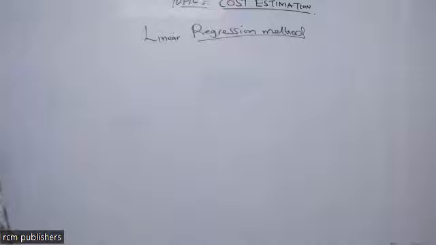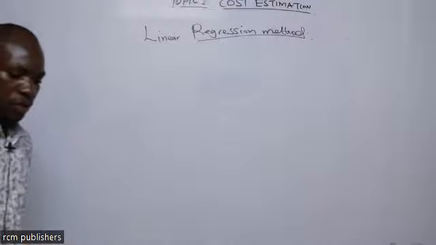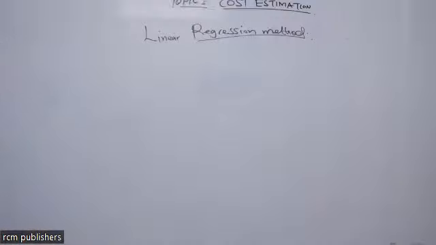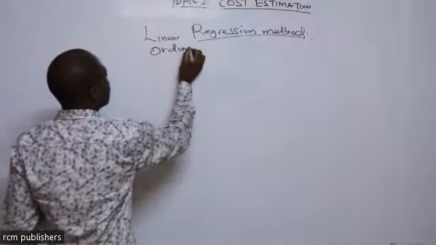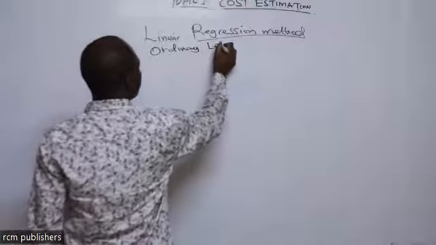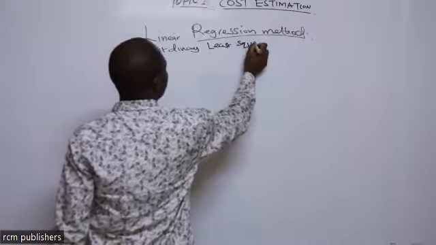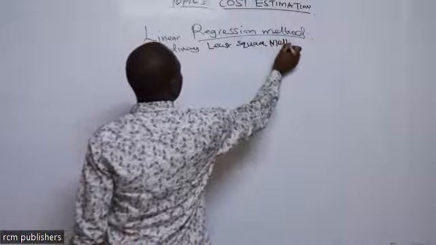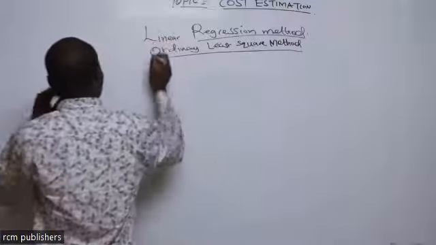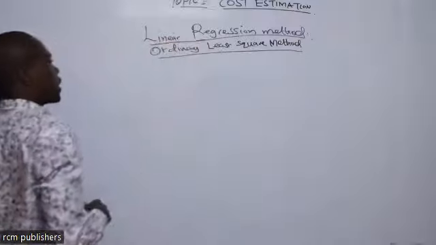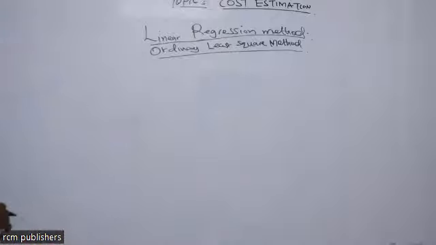Ordinary regression method is also another name for that. Ordinary least square method, simple regression. So we can even call it ordinary least square method, regression method.